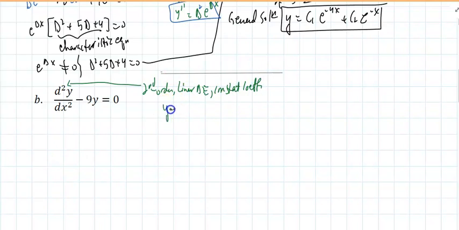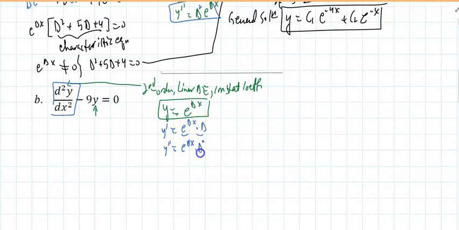If that's the case, let y equal e to the dx be a solution. I need y, it's right there. I need two derivatives. Well, the first derivative is e to the dx times d, and the second derivative is e to the dx times d squared.